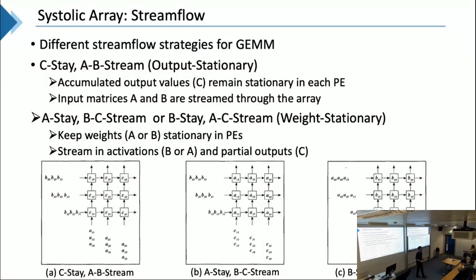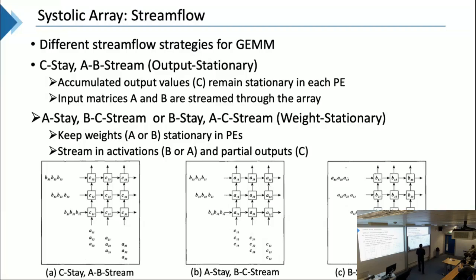You can also do some other stream flows. The second one is A stay, BC stream, and you can also do B stay and AC stream. The idea of the latter two is, for example, let's say you have the B matrix, and the data locality of your B matrix is very high. So you don't want to flow this B, you want to keep this B inside your PE.